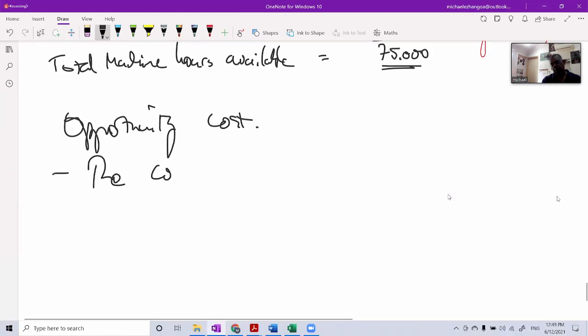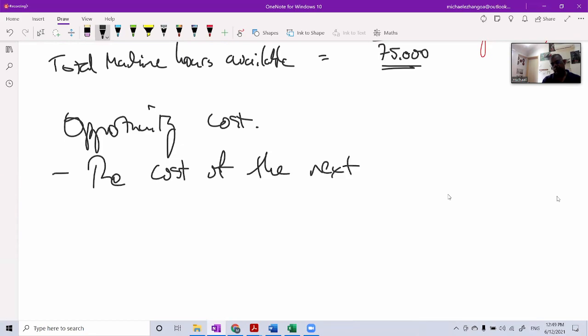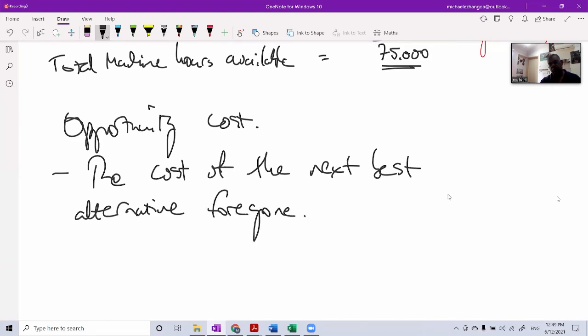The cost of the next best alternative foregone.